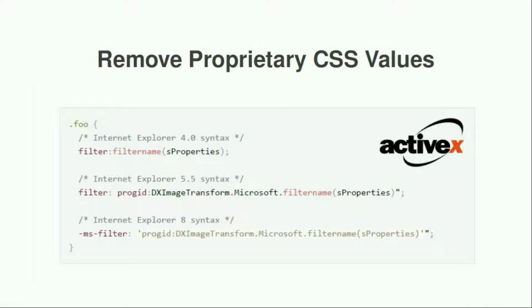Proprietary CSS values refer mostly to ActiveX displays and commands, which were before CSS3, and were like the only way to actually bring a bit more fancy stuff: gradients, effects, transitions.